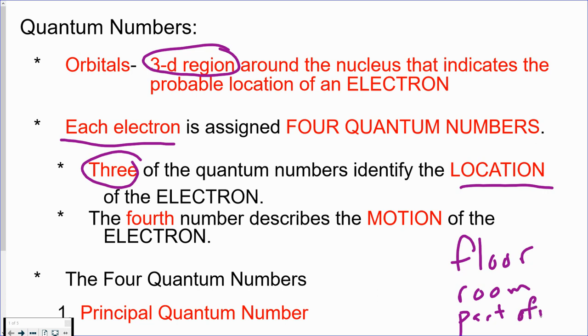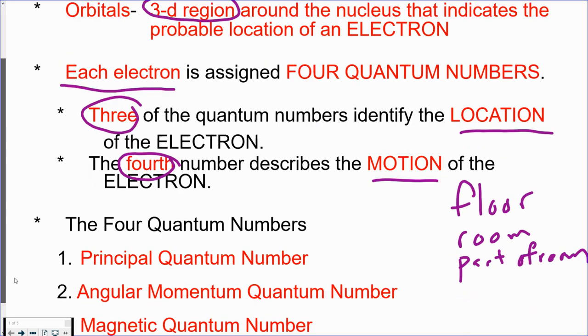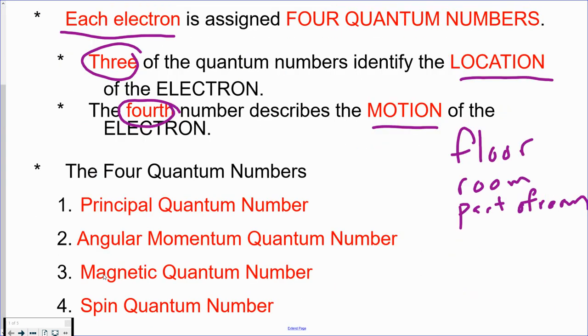So those are the 3 locations. And then the 4th one tells you about motion. These 4 quantum numbers: the first 3 are the ones that tell us about location. The 4th is the one that tells us about spin.